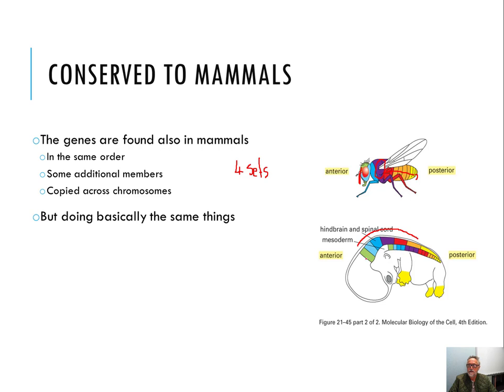The green ones are turned on first in the head end, separately in the spinal cord and the mesoderm, which is the connective tissue. The ones from posterior are also active in the limbs as well. But it's the same factor, the sequencing from the neck down is controlled by those same genes.